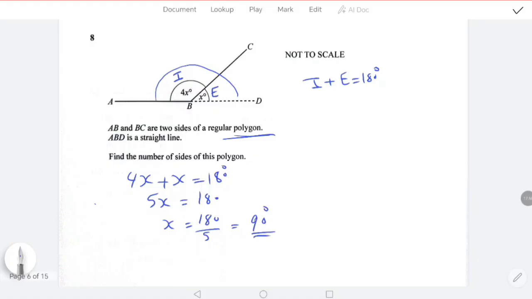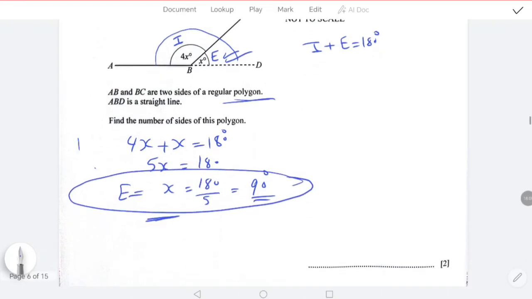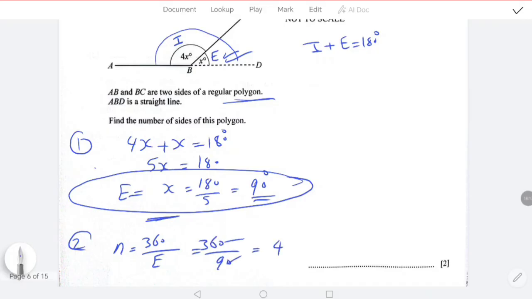So x is 90 degrees, but we need to find the number of sides. It's better to find e. E itself is x, yeah? So e is 90. Good. So this is the first step. So how to find now the number of sides? Number of sides is 360 over e. So 360 over 90. So the answer will be 4.